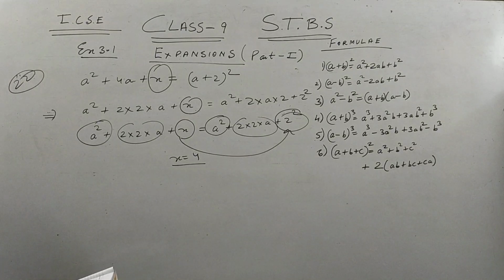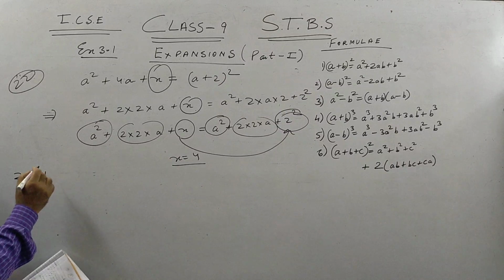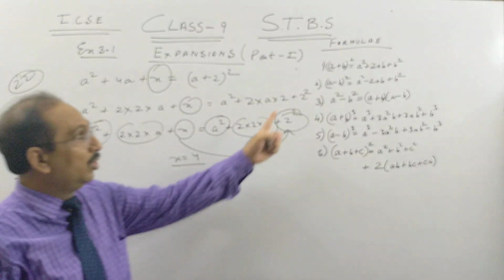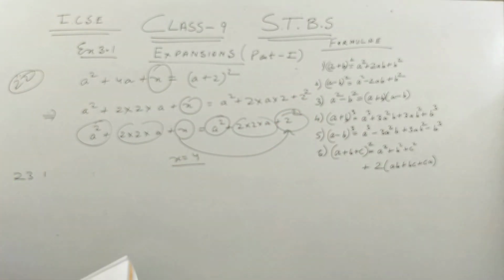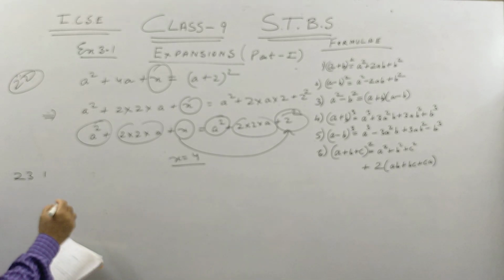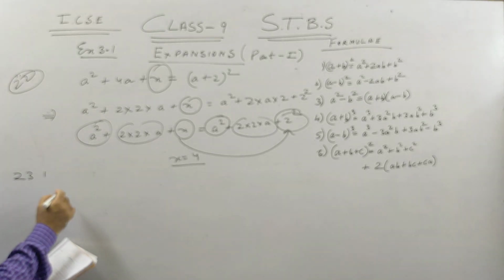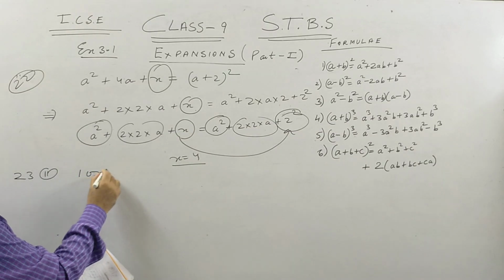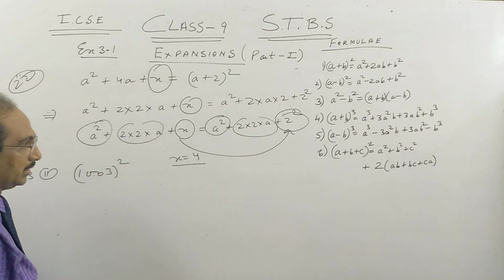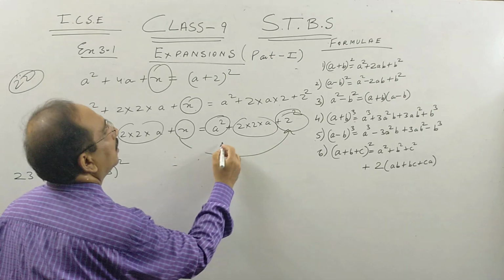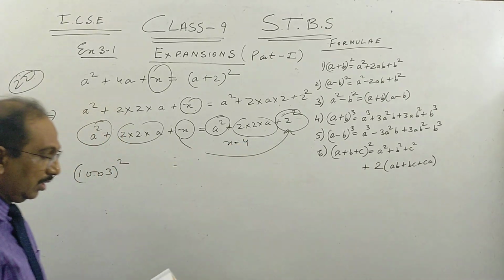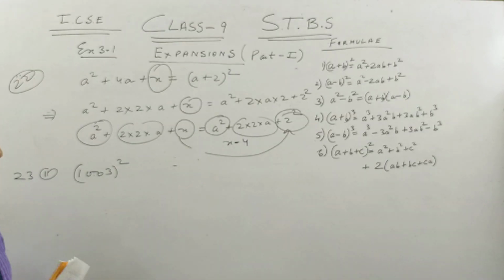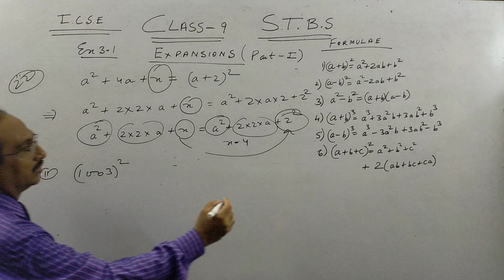23, where we will see, children, how we apply these formulas in solving some values. So next is 23 part 2. You have to find the square of this. Please don't do like some children do.